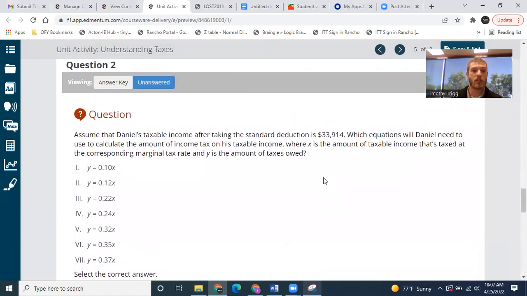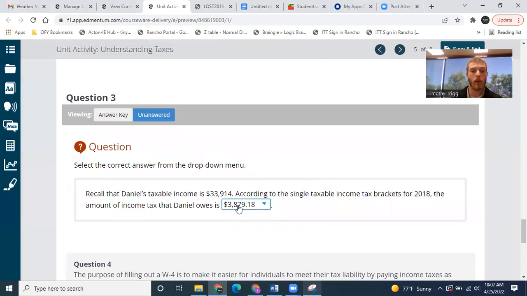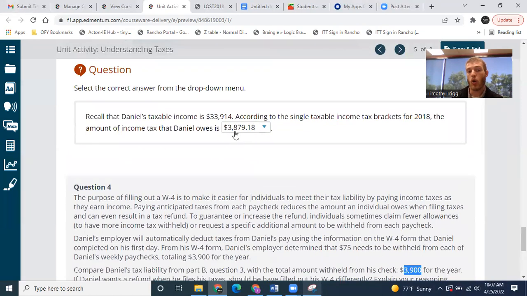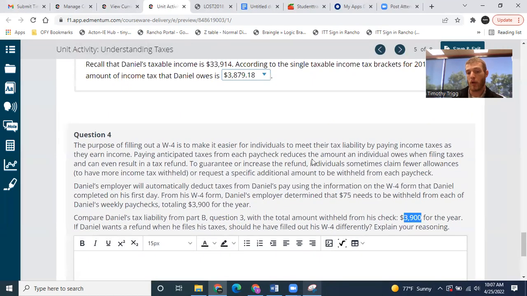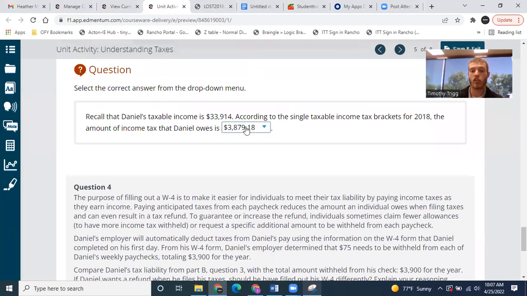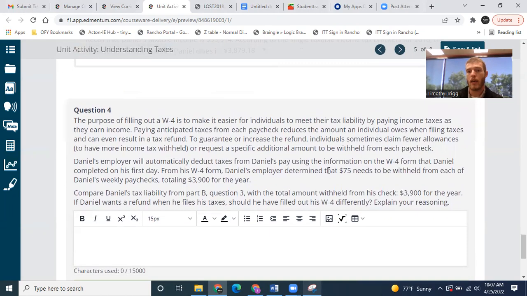But how much does he actually owe? Well, we determined that right here, right? $3,879.18. So you can see he owes just this amount, but throughout the year, he's paying a little bit more, isn't he? Right. So since throughout the year he's paying more than he actually owes in taxes, at the end of the year he's going to get a tax refund.